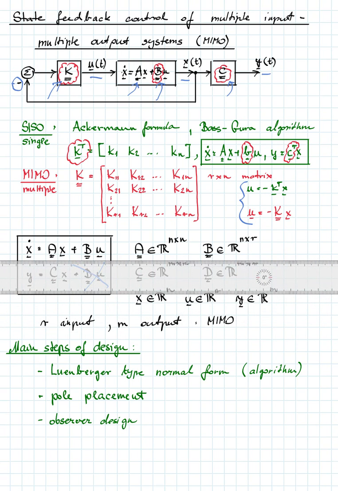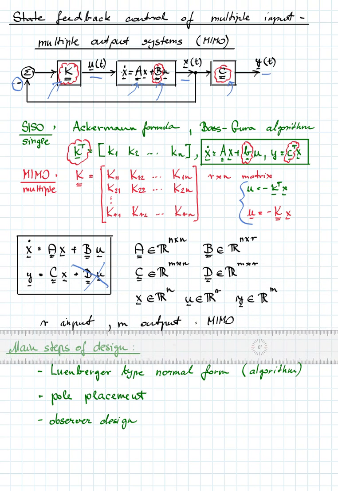So our matrix A is an n by n matrix. It has got n rows and n columns. It's a quadratic matrix as usual. B is again a matrix with n rows and r columns, and it means that we have got r inputs. So the notation is important, because in the next lecture we are going to use n, r, m, and the other notations.